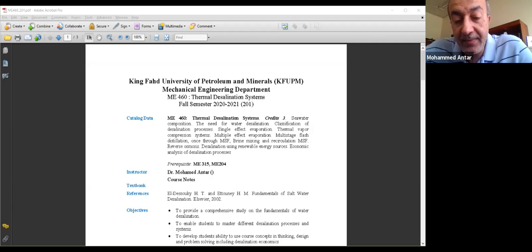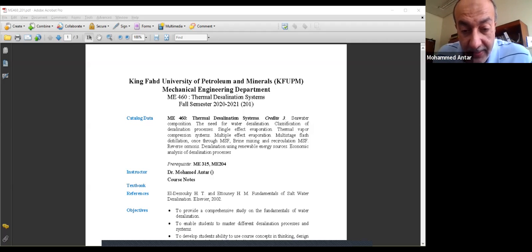So that's basically a nutshell of what the course is all about. In the course catalog, you'll find that I'm listing some of the desalination technologies that we are going to use. The prerequisites, as you can see here, are heat transfer and thermodynamics.